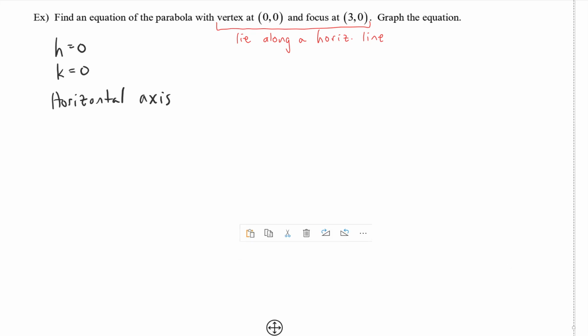Since they're 3 units apart, we know that A is 3. So this also tells me up here that A is 3, because the vertex and focus are 3 units apart.